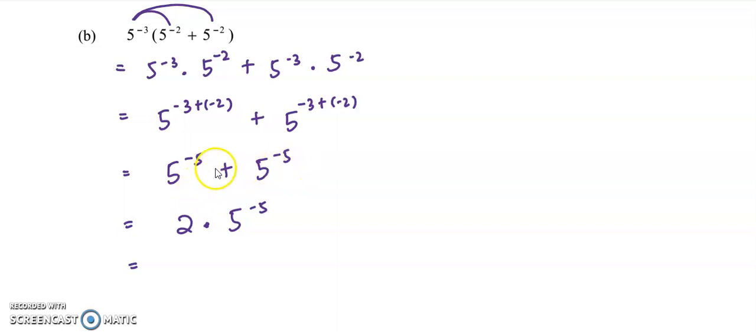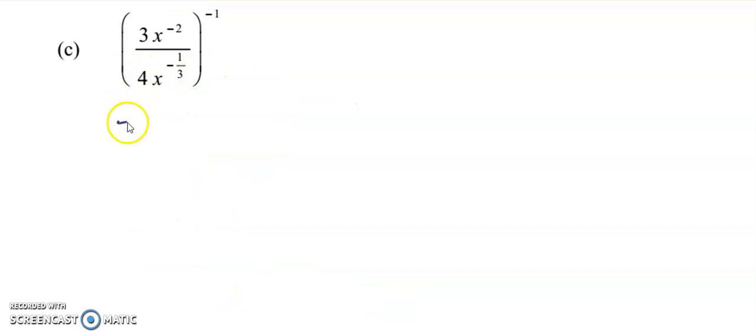Then in the bracket, 1 plus 1, you get 2. So 2 multiplied by 5 power of -5. So 5 power of -5 can be written in this form. And you end up with 5 power of 5 being 3125. So the answer is 2 over 3125.